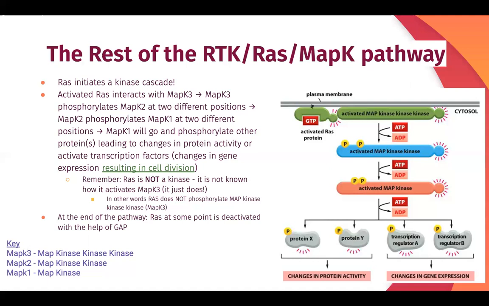Transcription regulators could be transcription factors, or an inhibitor or an activator. In this case, it's cell division, probably an activator, which then changes gene expression, whether we need to upregulate or downregulate, whatever we need for cell division. So it activates a bunch of stuff.